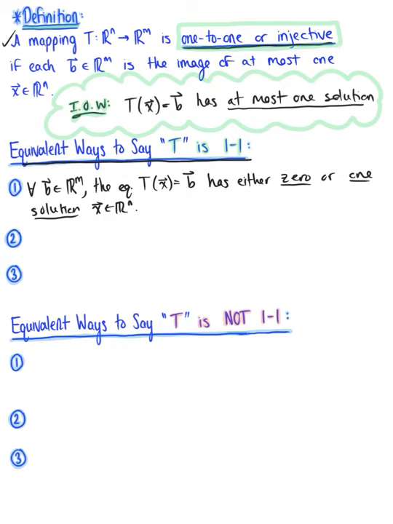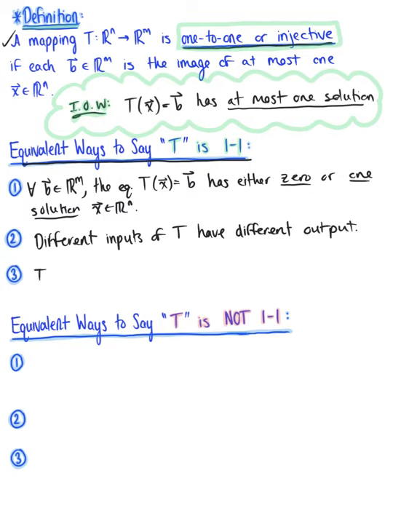Another way to indicate that a mapping is one-to-one is to say that different inputs of the transformation have different outputs. In other words, each vector x in Rn is mapped to a different vector in the codomain.